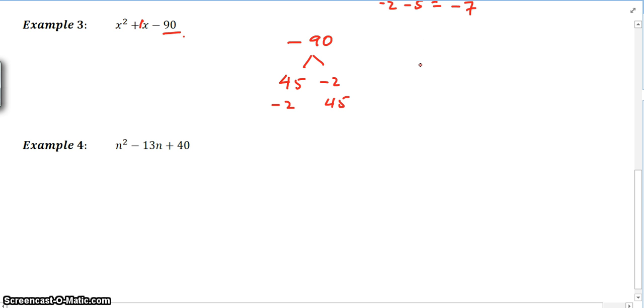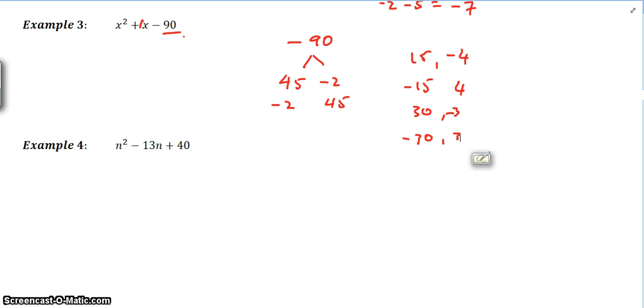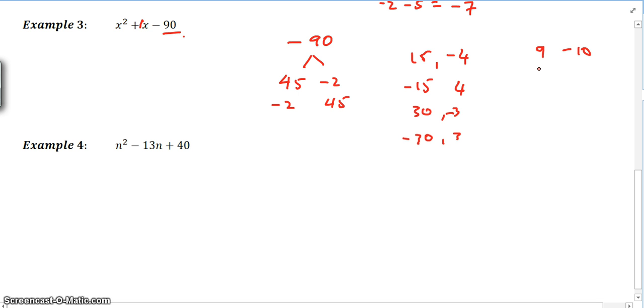We also have 15 and minus 4, and minus 15 and 4. We've also got 30 and minus 3, minus 30 and 3. I'm just going to jump the gun a bit here because otherwise we're going to come up with a lot of factors of 90. You kind of just have to use your intuition in this case, so I'm just going to jump on to 9 and minus 10, and minus 9 and 10.